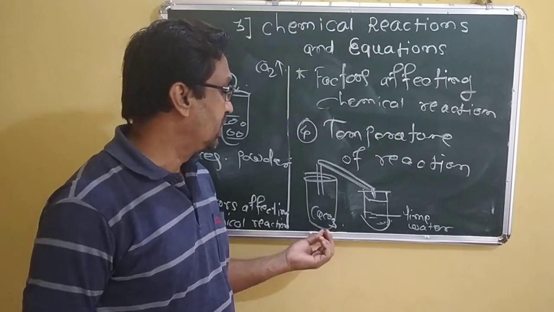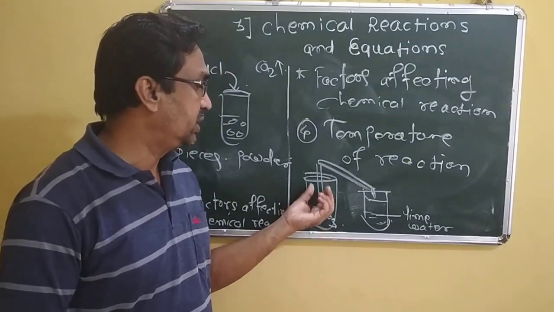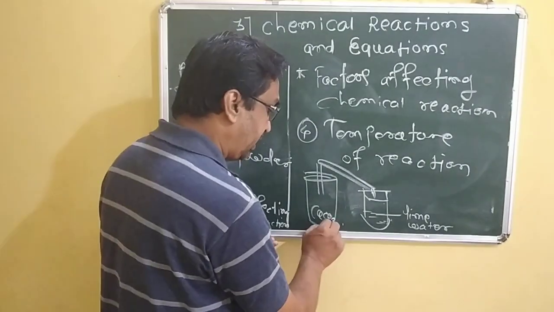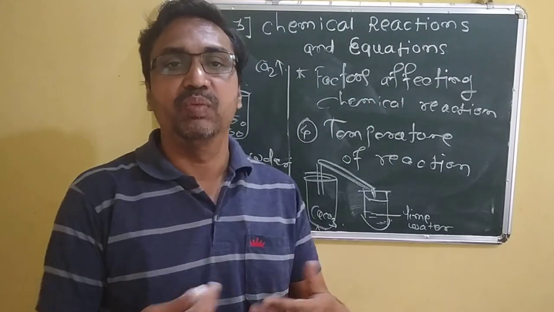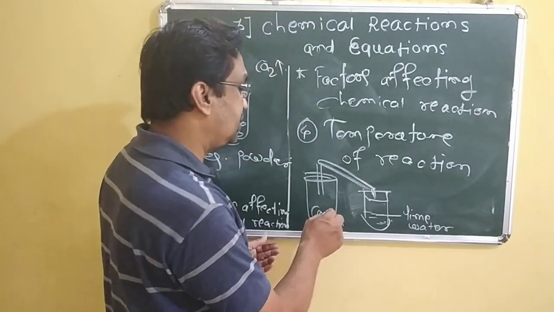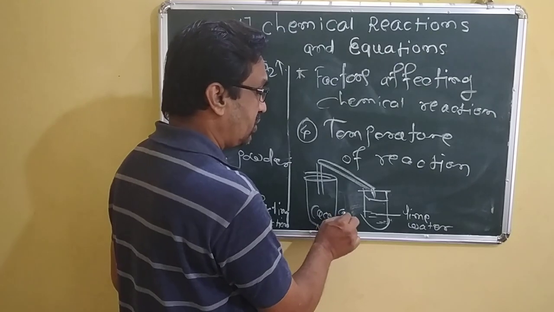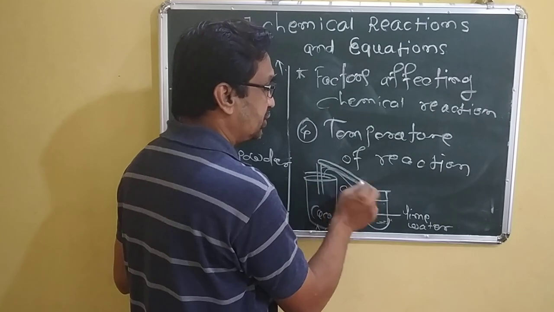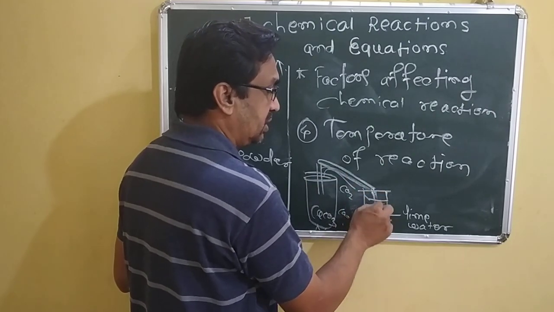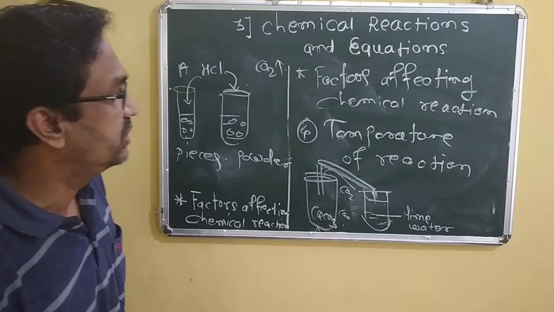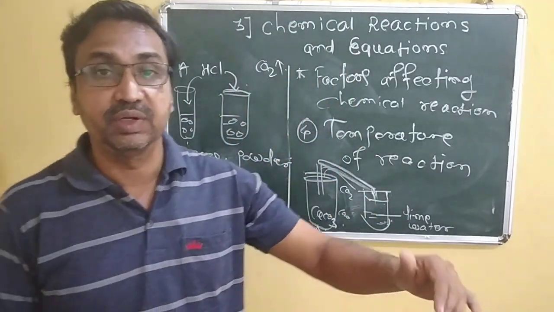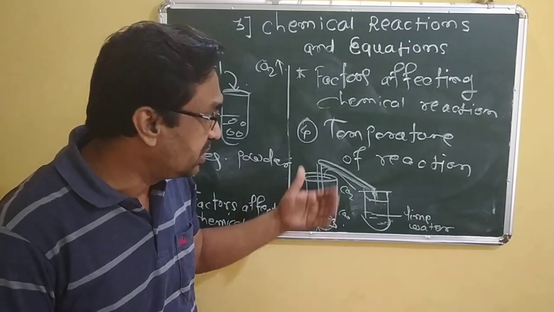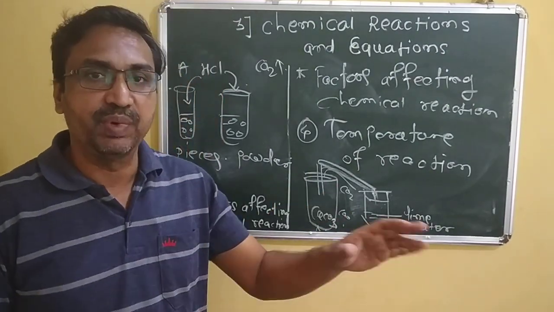When calcium carbonate is simply put in the test tube, no reaction takes place. But when calcium carbonate is heated, decomposition takes place, and CaO, calcium oxide, remains here, and CO2 gas passes out to the other test tube containing lime water, and the lime water turns milky. So without temperature and when temperature is provided, we can easily find the difference.